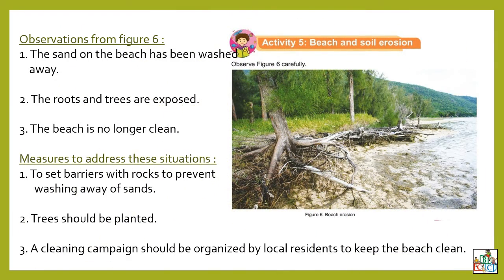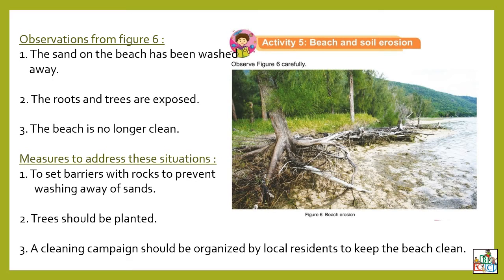So we come back to our figure 6 on beach erosion. What have been your observations? We talked about how the sand on the beach has been washed away, the roots of trees are exposed, and the beach is no longer clean. These are your observations. You're going to write your answers in your book.